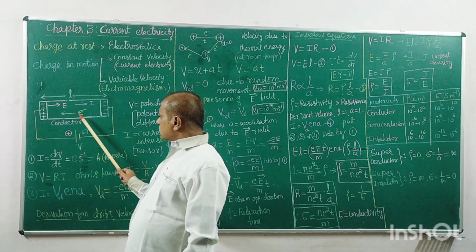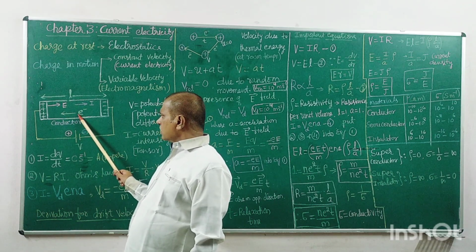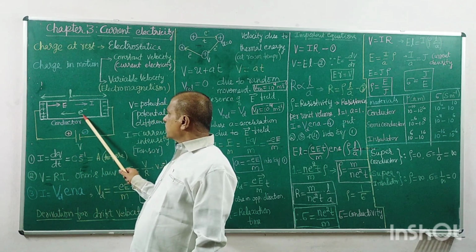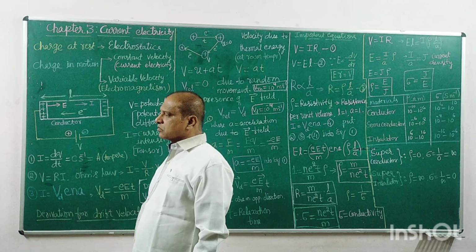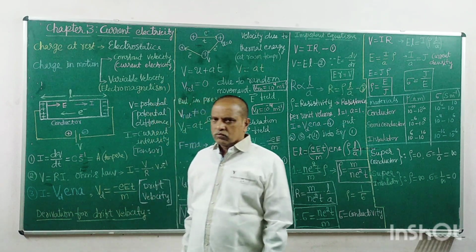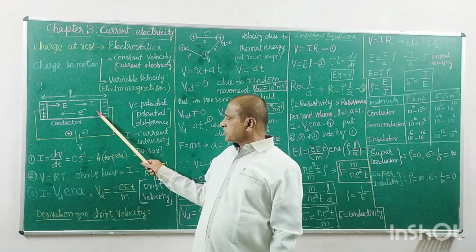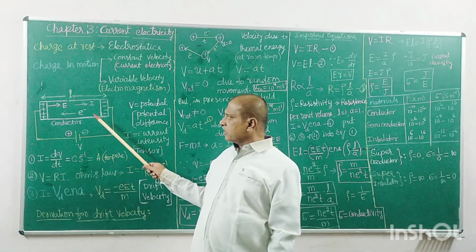If the electrons flow, this flow of electrons or flow of charges is known as electric current. What is electric current? Electric current is the flow of charge in the conductor.